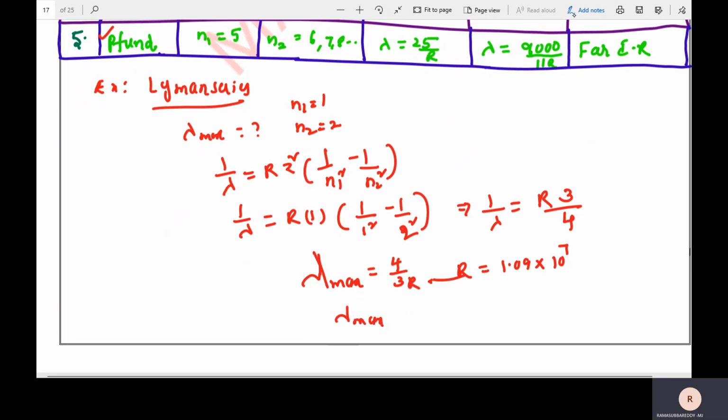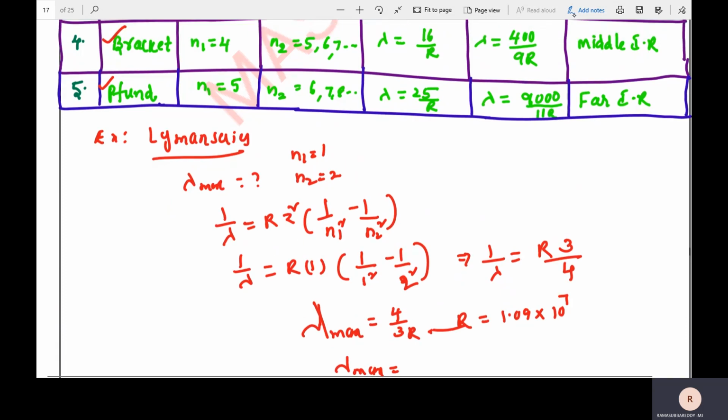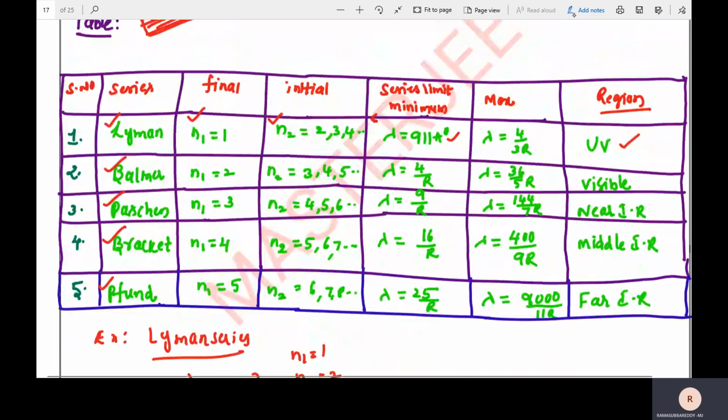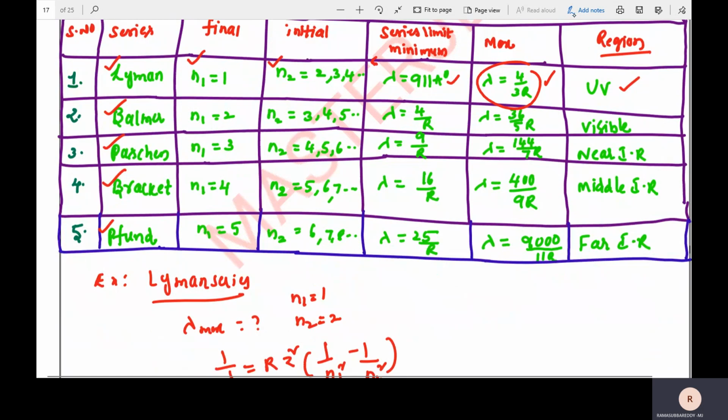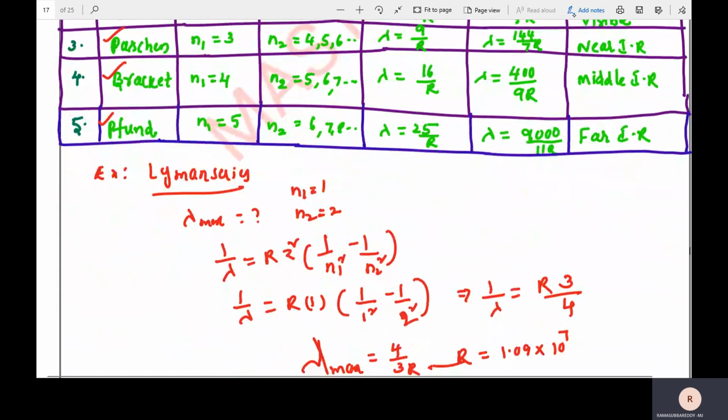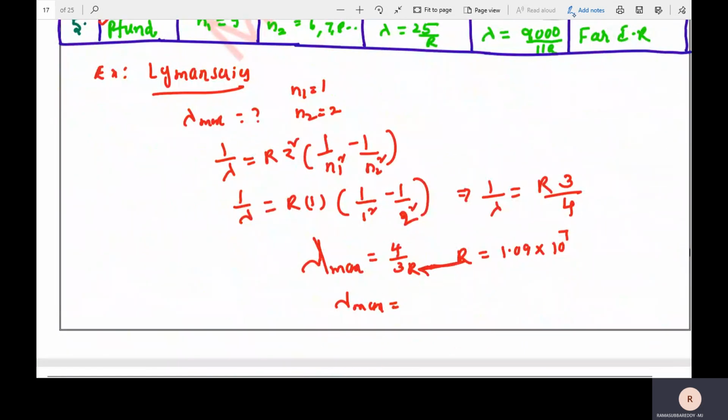What we wrote in the table, lambda max for maximum is 4 by 3R. If we want to get the number, we have to use this R value. That is the procedure to find the maximum value.